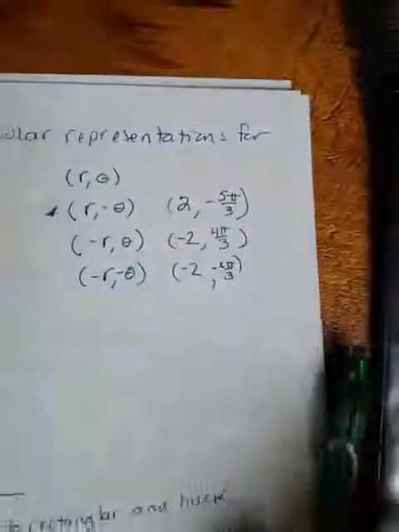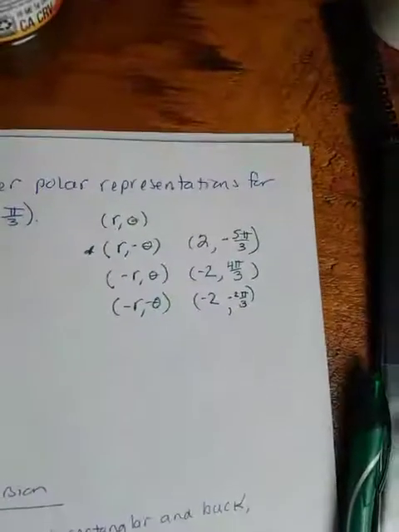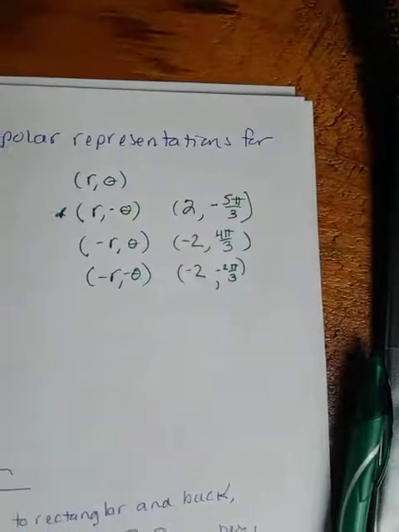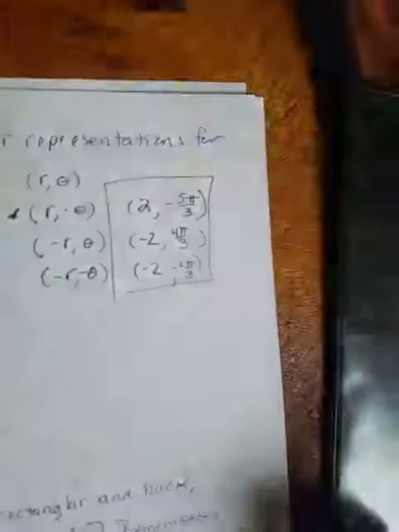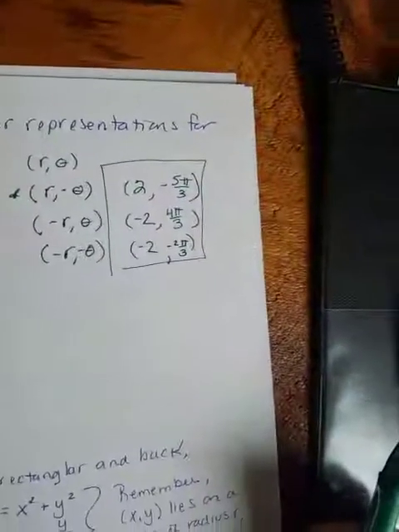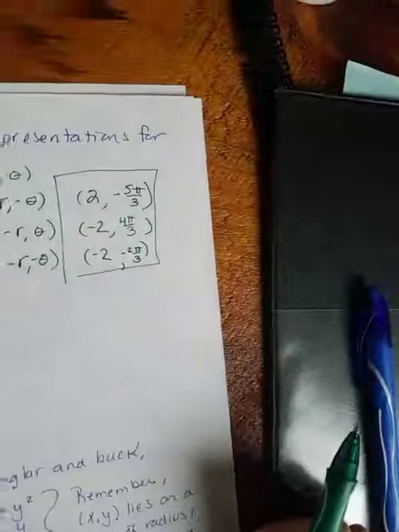Now again, I didn't put any restrictions on the rotation for θ, but I did want to show you different ways to go about finding some ordered pairs. So those are some examples.